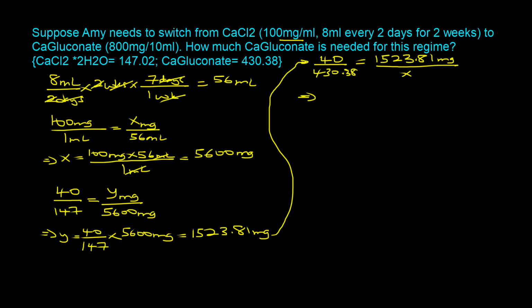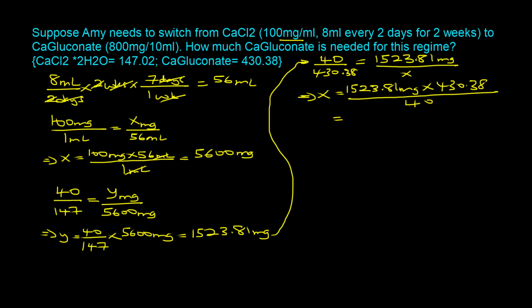So when we solve for x, x is going to be equal to 1523.81 milligrams times 430.38 divided by 40.